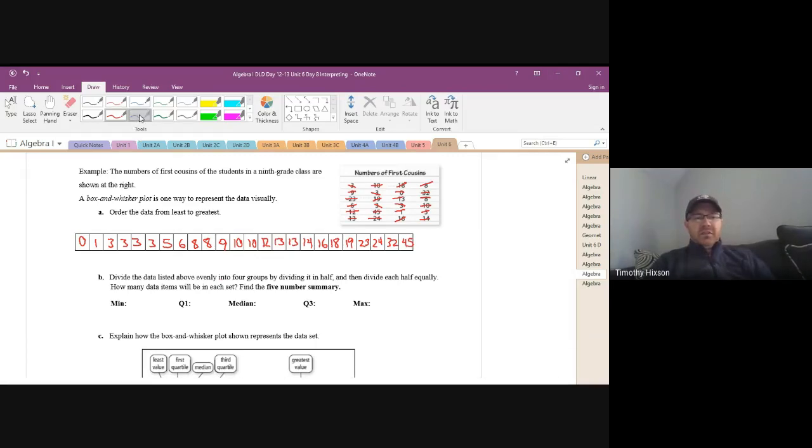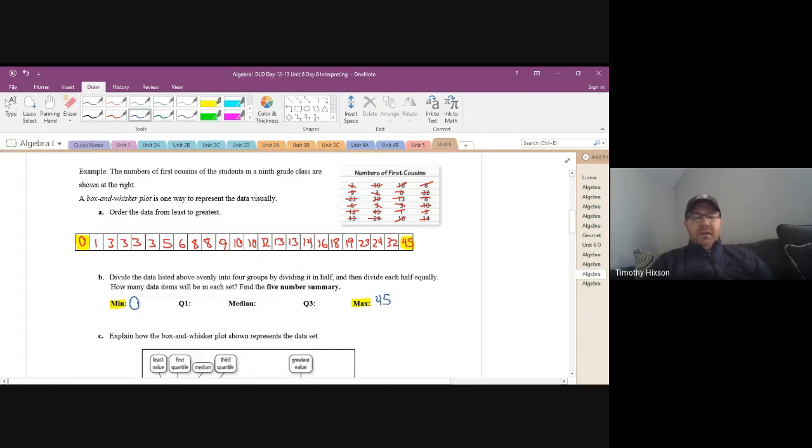Now, for the 5-number summary, let's first of all start with the easy ones. Okay? So we've got 0 and we've got 45. That's our min and our max. Okay, our minimum and maximum values. So minimum is 0, maximum is 45. Okay, so that's pretty easy.